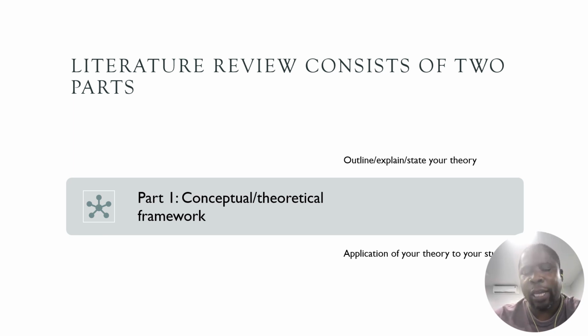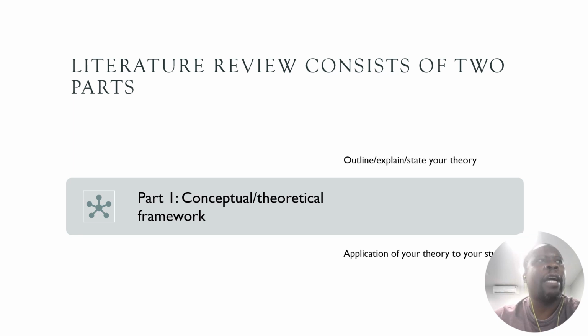For master's students, normally you join these two parts together in one chapter. But for PhD, we encourage the students to have a separate chapter for these two parts. So the conceptual framework, what are you doing in that conceptual framework? First of all, you are explaining, or outlining, or stating your theory, what you want to use.